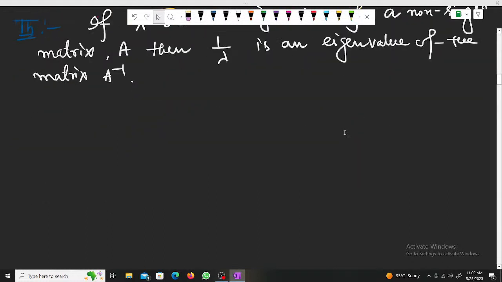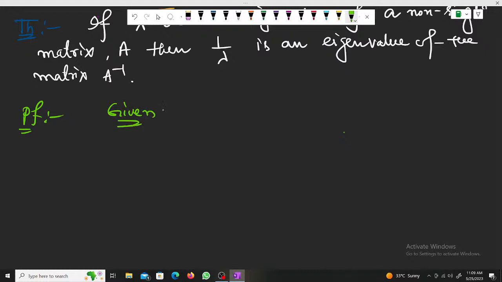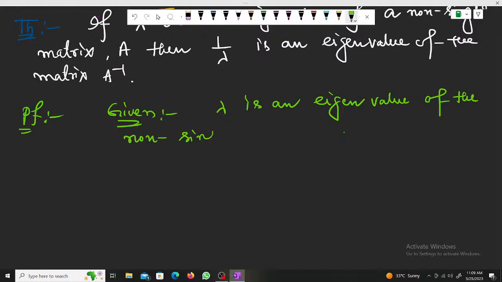Okay, how to prove this? Given আমার কি দেওয়া আছে, যে given আমার দেওয়া আছে যে lambda is an eigenvalue of the non-singular matrix A. That means non-singular, that means determinant of A is not equals to 0.